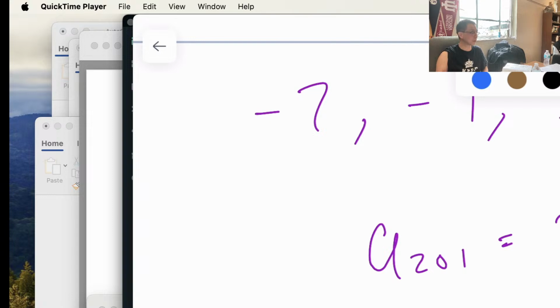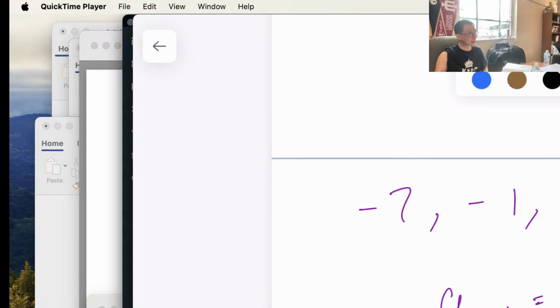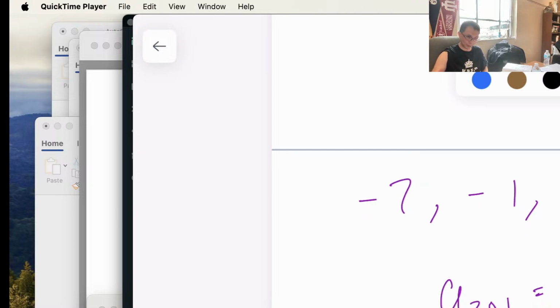It's negative 7 plus, what is the common difference, Samuel? 6 times 201 minus 1, right? So it'll be negative 7 plus 6 times 200, which is 1200, minus 7. So it'll be 1193, and that'll be the answer.